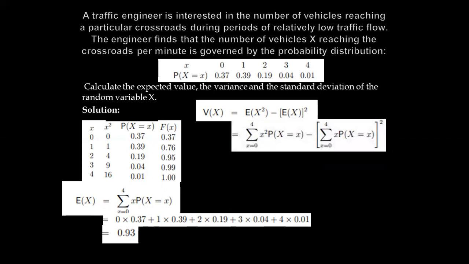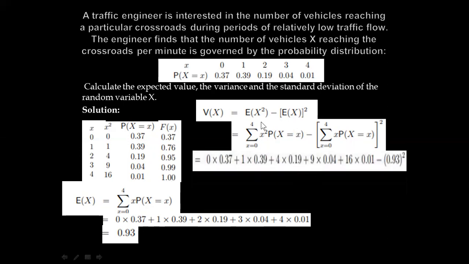To solve this, E of x squared is the summation of x squared multiplied by their respective probability, and then we subtract the square of E of x.